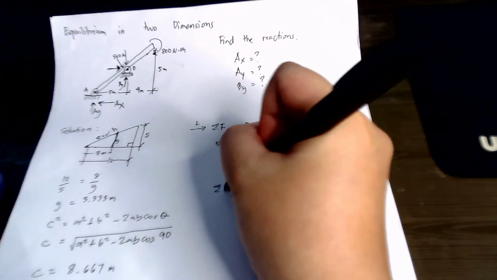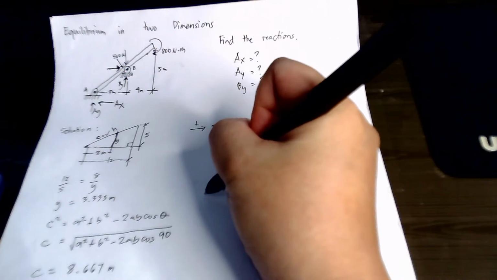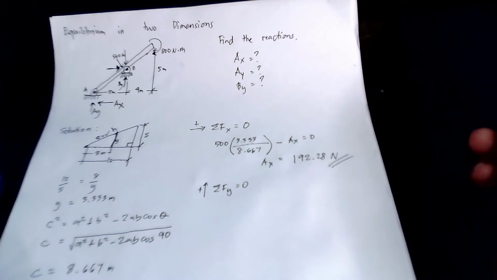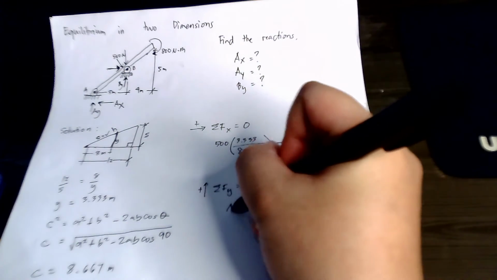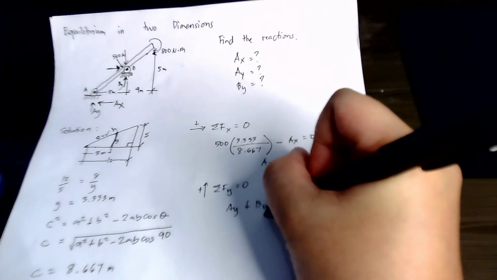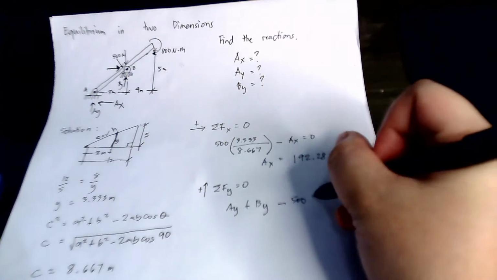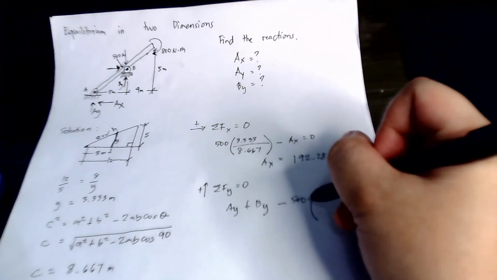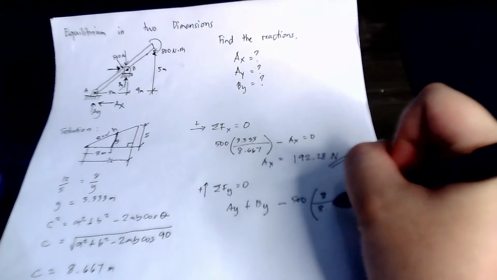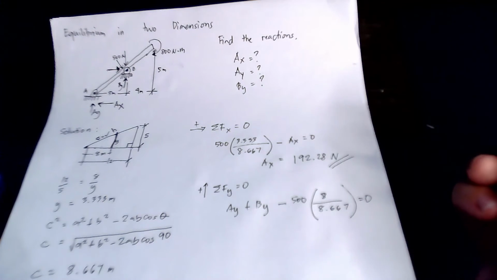Then the summation of forces along Y must also be 0, and our convention is going up positive. Going up we have AY plus BY, then minus 500 times the adjacent, 8 over 8.667, equals 0.